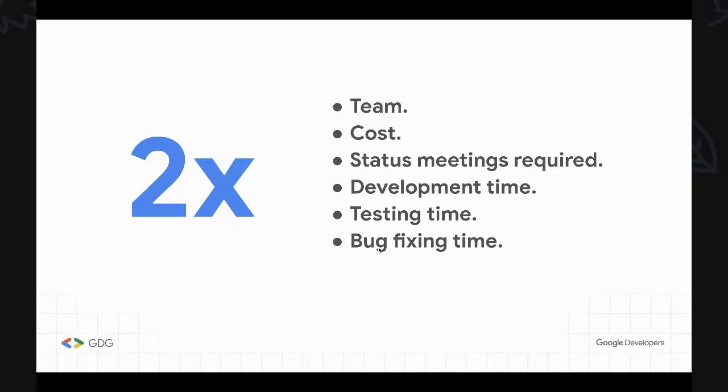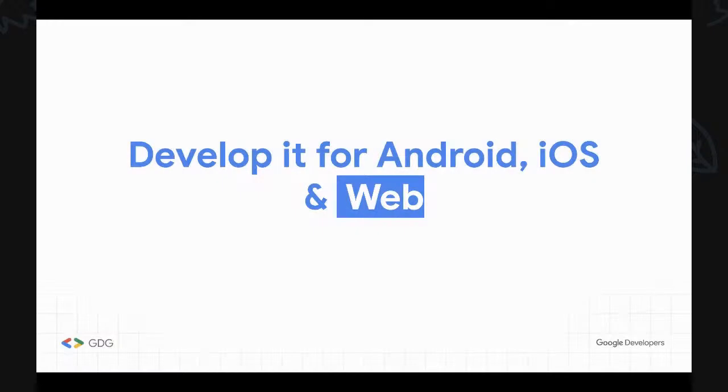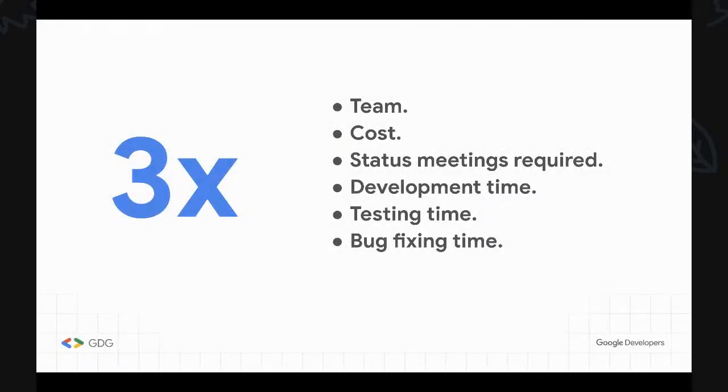So the societies, when they saw that they were reaching more users while developing their application for Android and iOS, came up with another wild application idea, which is to develop the application for Android, iOS, and web. But this time, we are not just doubling things, they will be tripled.